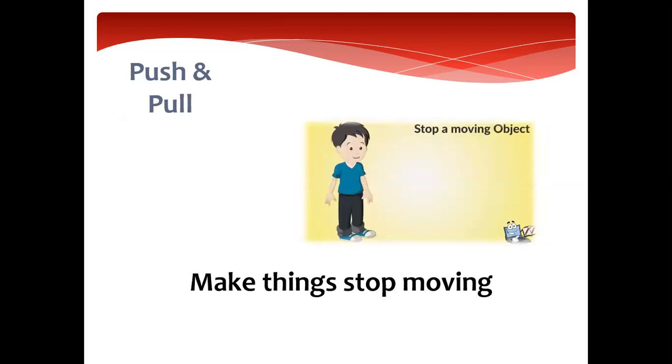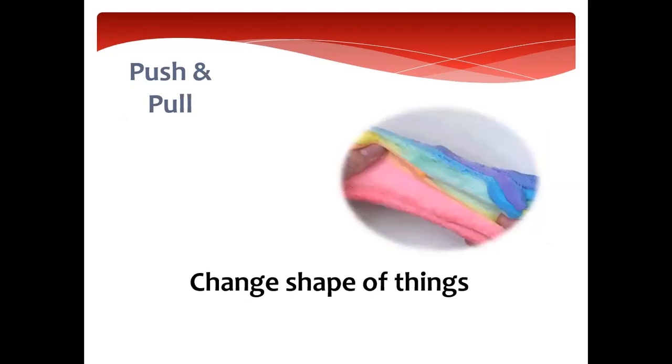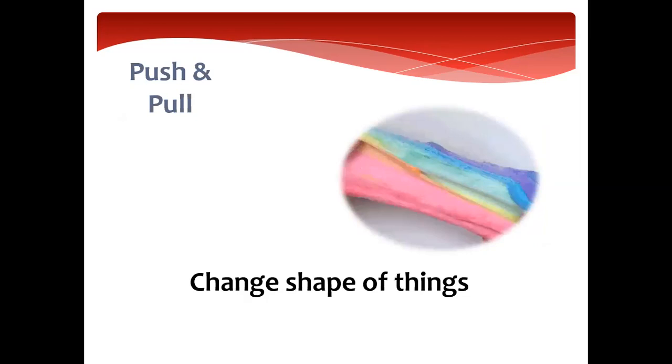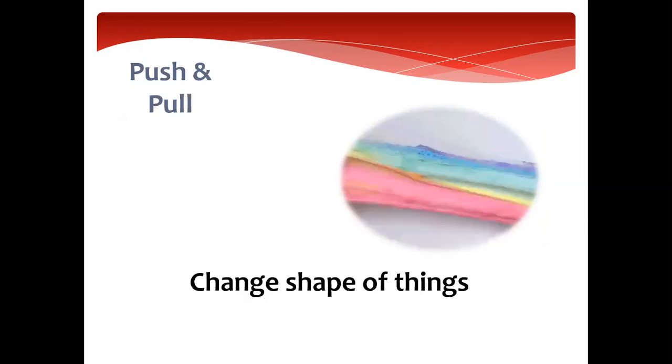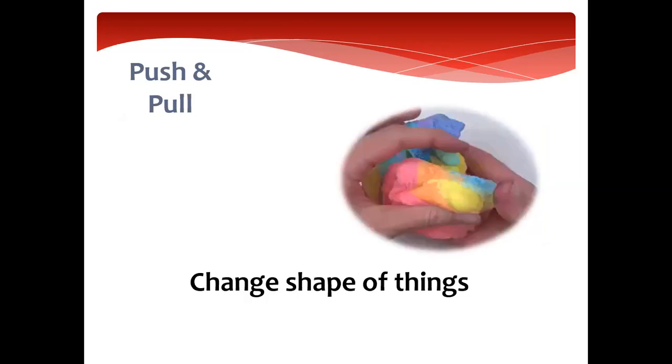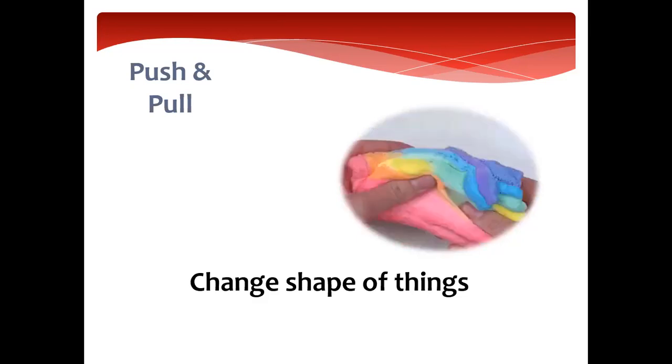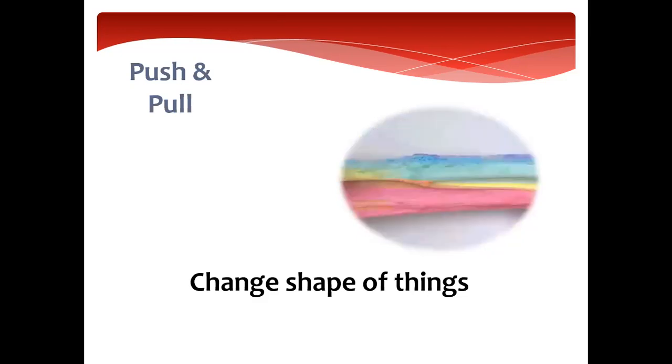Third importance, it changes the shape of things, as with Play-Doh, the dough of the pizza, the dough of the cake, the slime, anything. I'm changing the shape of things by pushing and pulling them in many directions. So it starts moving things, it stops moving things, it changes the shape of things.